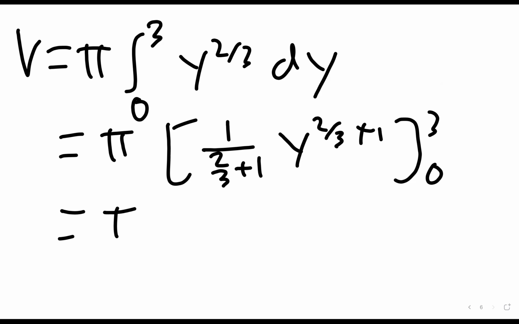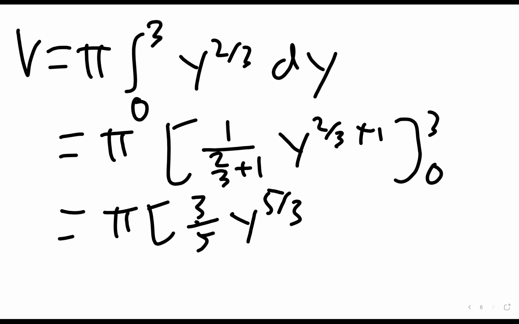So we have pi multiplied by 3 over 5 y to the power 5 over 3, since 2 over 3 plus 1 is 5 over 3.